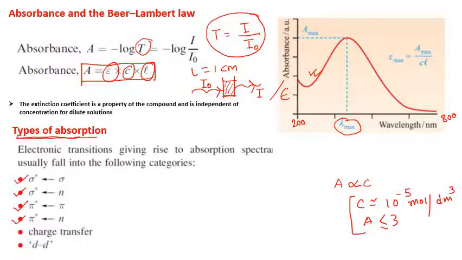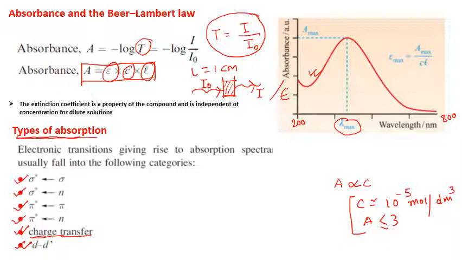Another is charge transfer. This charge transfer phenomenon is possible both in organic molecules and in inorganic metal complexes. And for transition elements there is d-d electronic transition, which also gives rise to spectra in the visible or UVB region.